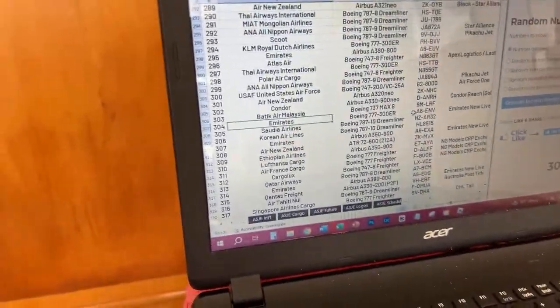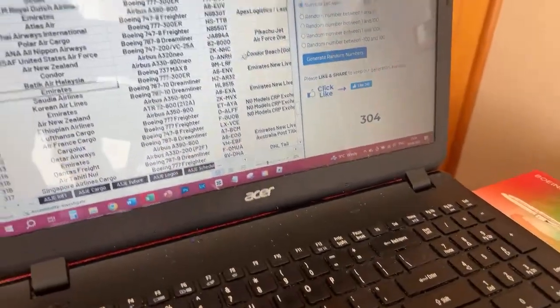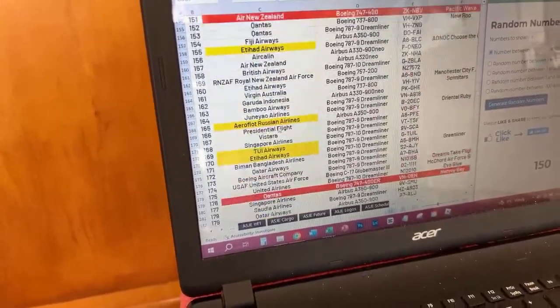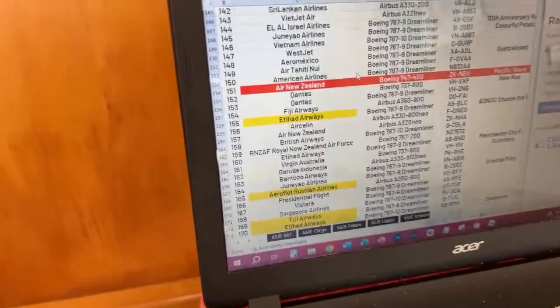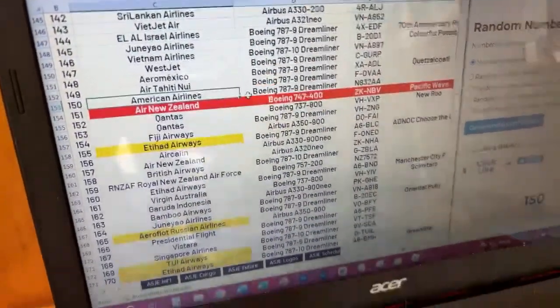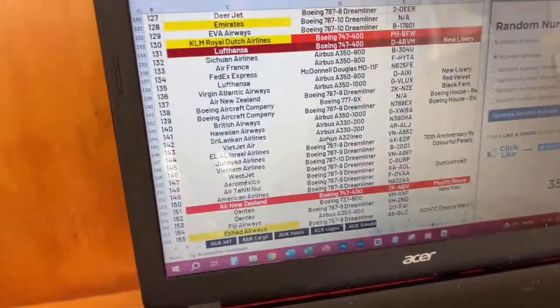So it would be nice if 303 is picked out. 150, let's have a look. 150, American Airlines 787-9. Unfortunately, it is not a narrow body, so let's go right past it.